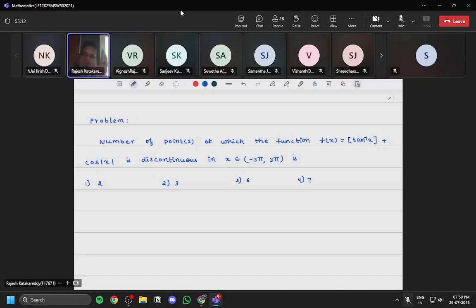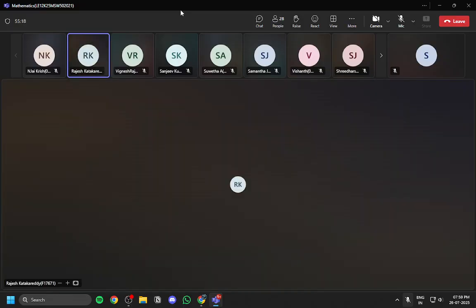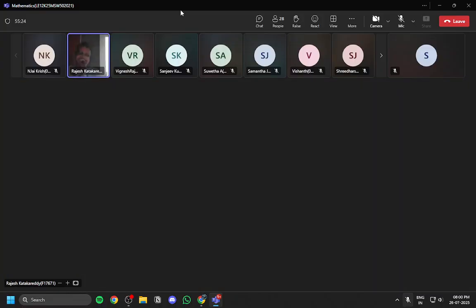Tan inverse x equals 0, x is 0. Tan inverse x equals 1, x is tan 1. 3 points. Why graph? I don't think a graph is required here. Understood? So I'm not writing anything here.